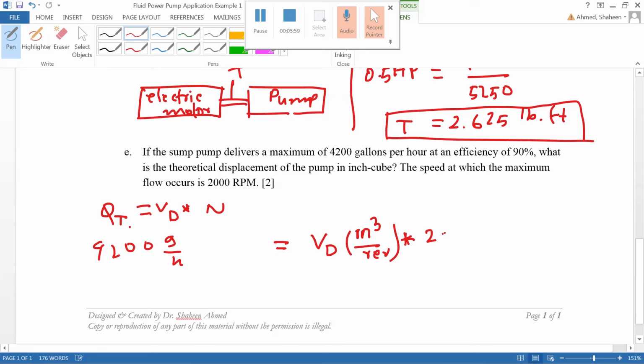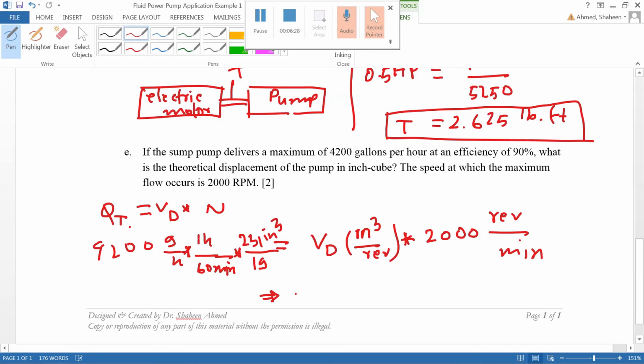Then we have this 2000 RPM, rev per minute. Now we have minute on this side and hour on this side, so we have to convert one of these. We know that 1 hour is 60 minutes. Now I have to convert gallons because gallon is a big unit, not appropriate for displacement. We know that 1 gallon is 231 inch cube.